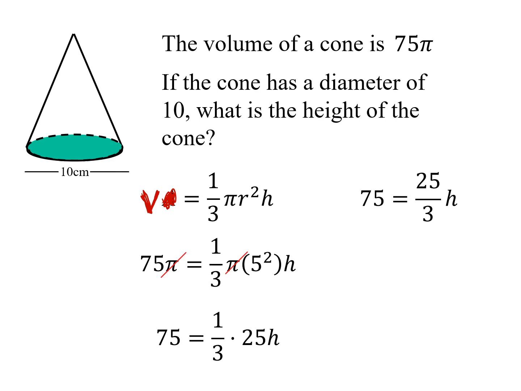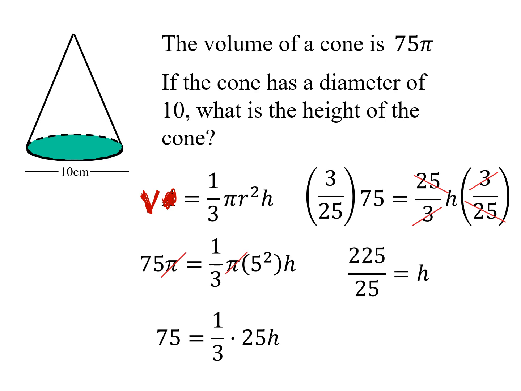And then to solve this equation, you just have to multiply by the reciprocal on both sides. This stuff all cancels out. And then 3 times 75 is 225 over 25. And then 225 divided by 25 is equal to 9. So the height of the cone is 9.